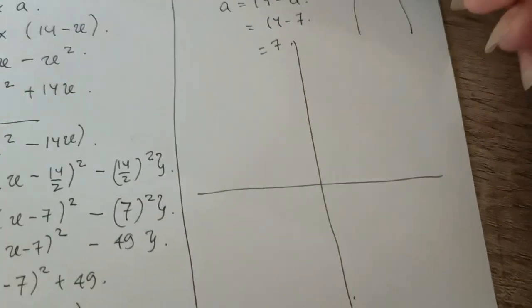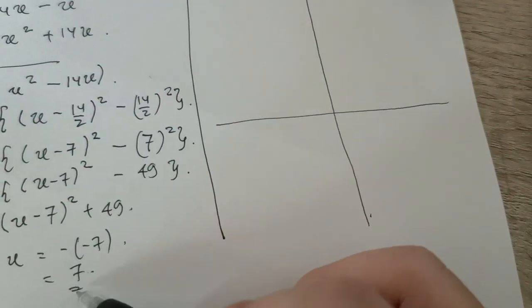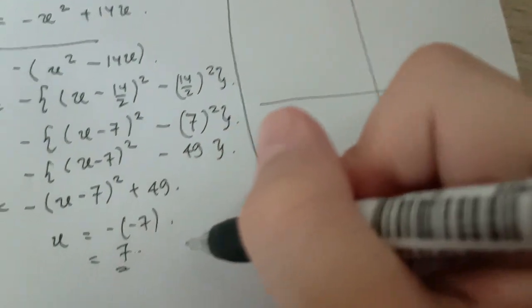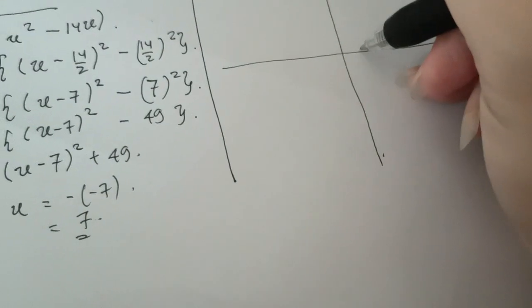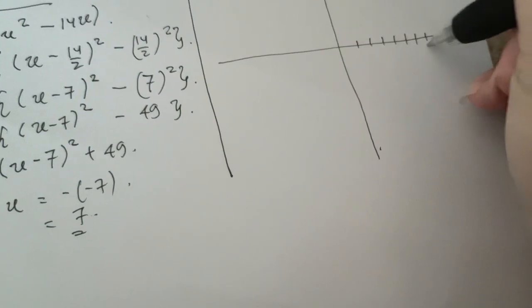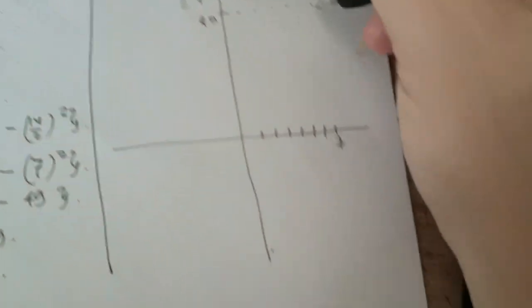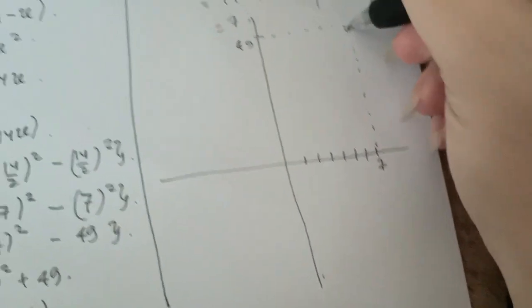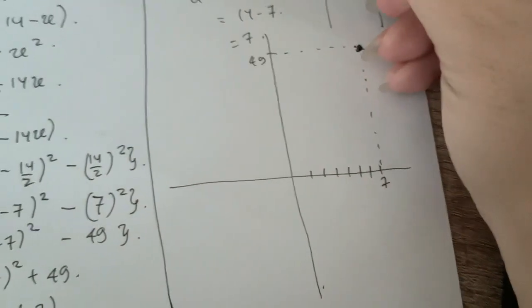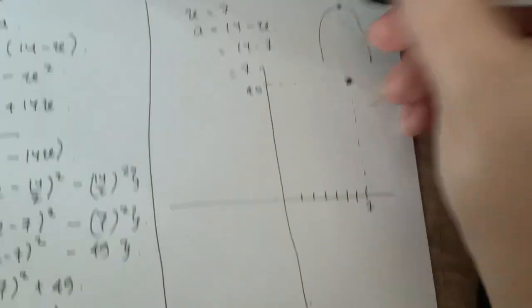So we have x as 7, 1 2 3 4 5 6 7, and then y at 49 over here, 49. Over here, this is the turning point.